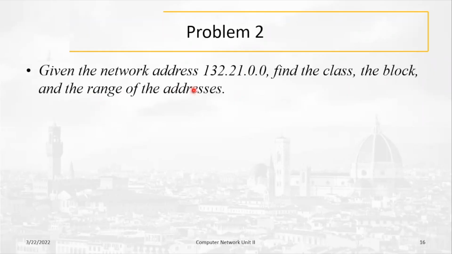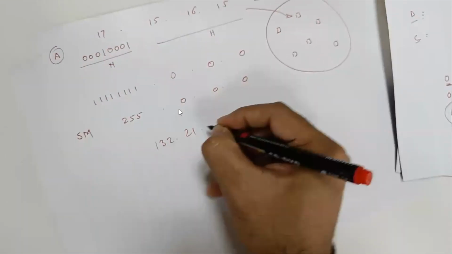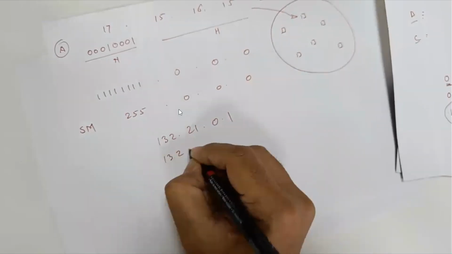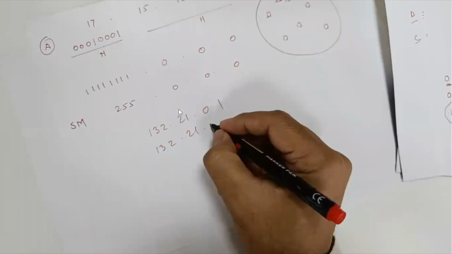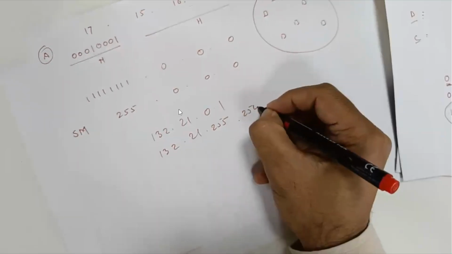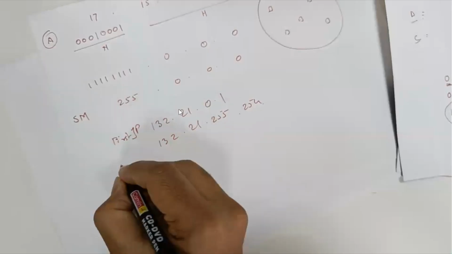And the range, I need the range. 132.21.0.1 and 132.21.255.254. That is correct. So this is the first IP, and this is the last IP.